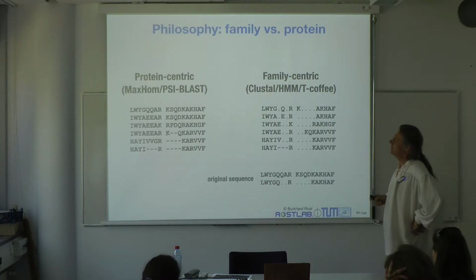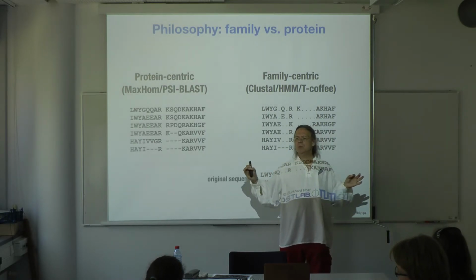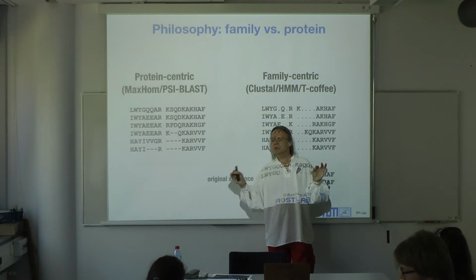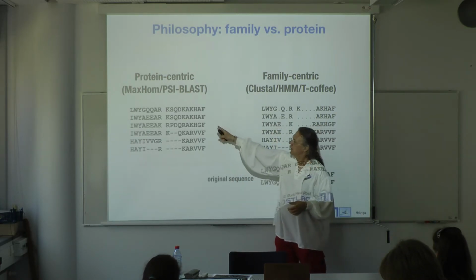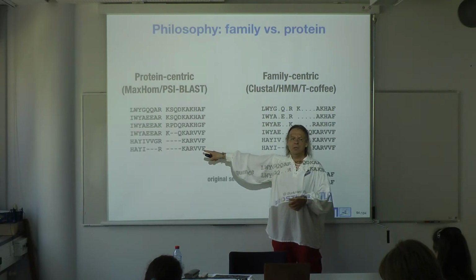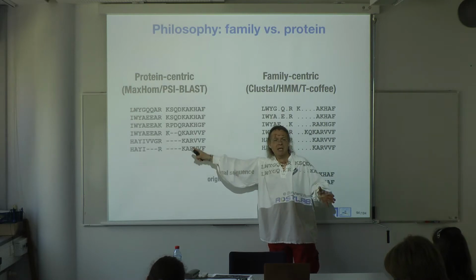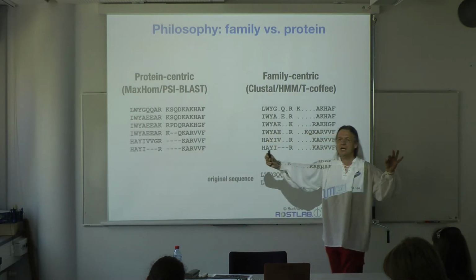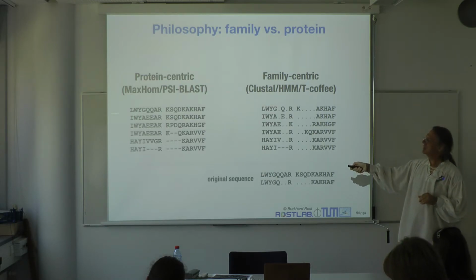What I mean by protein-centric view is you begin with a sequence, and that sequence has no insertion and no deletion. That's your protein, and you try to find whatever is similar to it. When you find other sequences, they may have insertions, they may have deletions, but your start sequence, your query, is a real sequence, and you don't allow it to be changed.